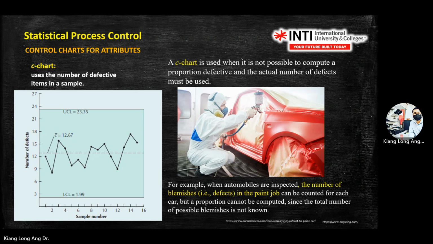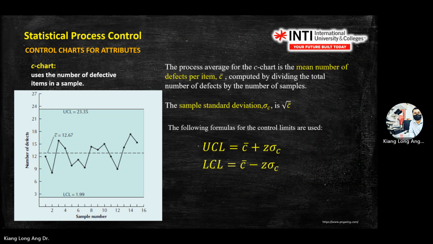The application of the C chart would be the number of defects in a paint job. The standard deviation is the square root of your mean, a different equation for the C chart. If you came in late, ask your friend what I said to the class just now. There are some changes to your final exam questions.